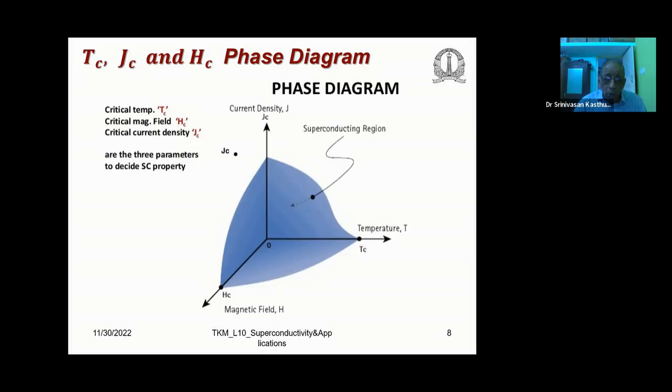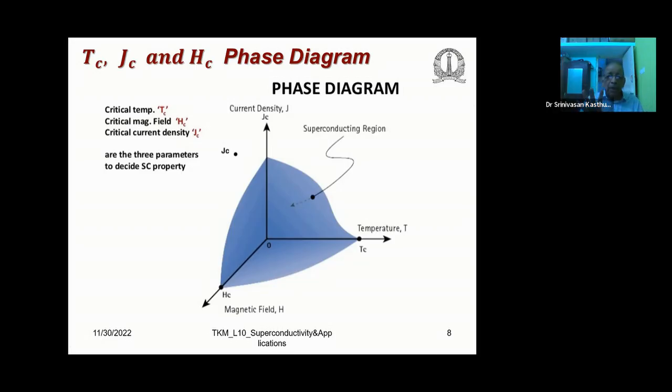Okay. Now, it also happens that because you are now generating a magnetic field, that magnetic field itself will try to destroy the superconductivity. And the maximum value of magnetic field that it can possibly have, either generated by its own current or generated by an external magnetic field, is HC. So now superconductivity exists when you have the temperature below the critical temperature, the magnetic field below the critical magnetic field, and the current density below the critical current density, right?